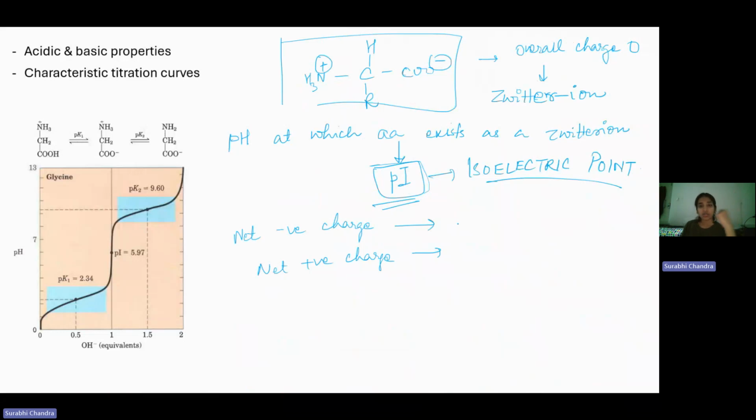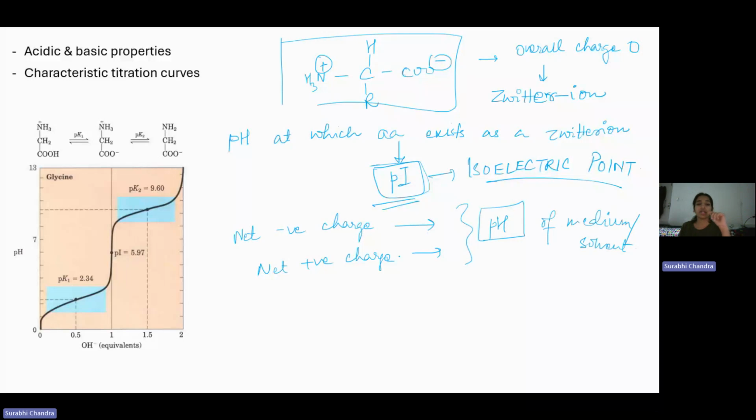As we saw in the previous case, if OH minus is higher, it will tend to take away the H+ from the carboxylic group, thereby giving it a negative charge. So net negative charge and net positive charge are again controlled by the pH of the medium, or solution, or solvent.